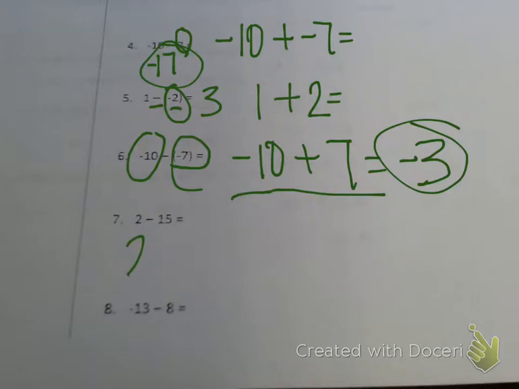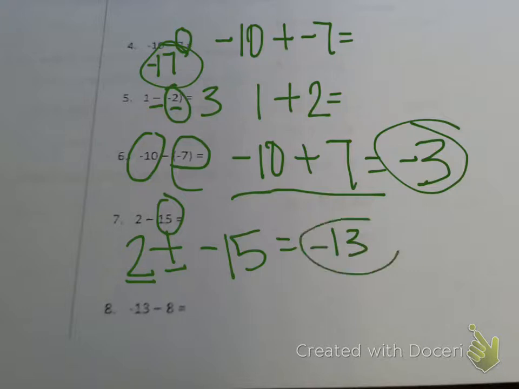2 minus 15 has to be changed to 2 plus. I keep my 2. I change to addition. And then 15 changes to negative 15. So 2 plus negative 15. 15 minus 2 is 13, and that's 13 negatives. And then we have negative 13. Change to addition. 8 changes to negative 8.